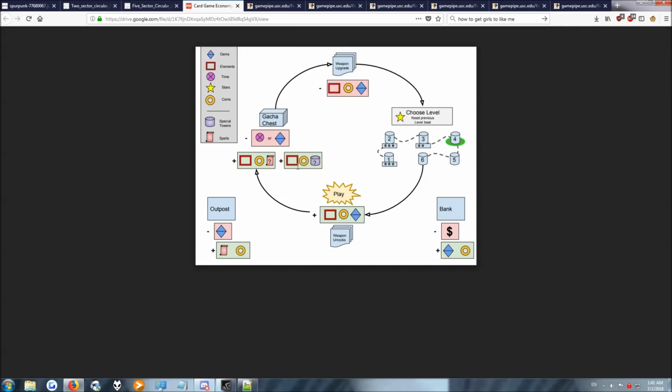They can get spells, towers, cards, elements or coins, and then once they go through all their chests, they can move to this upgrade facility where they will spend those resources that they got and get better versions of their cards or their towers.